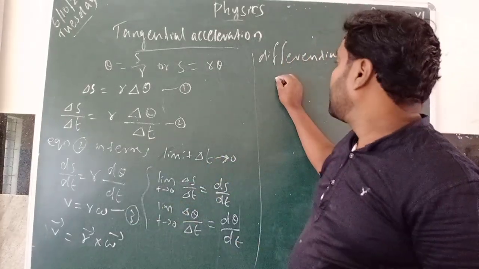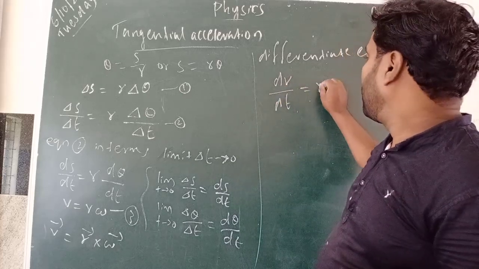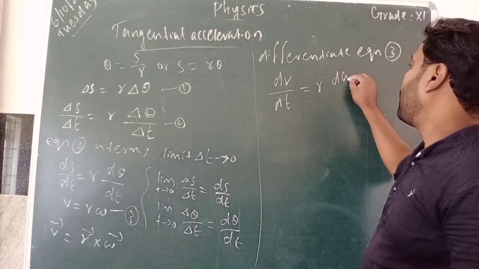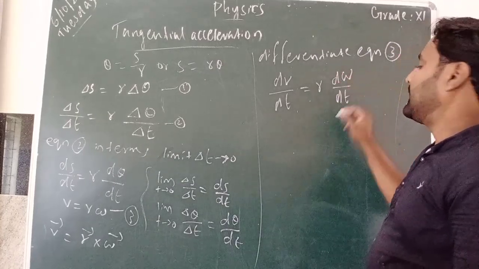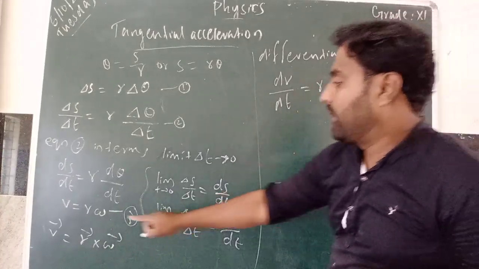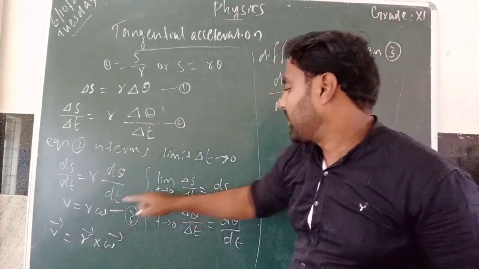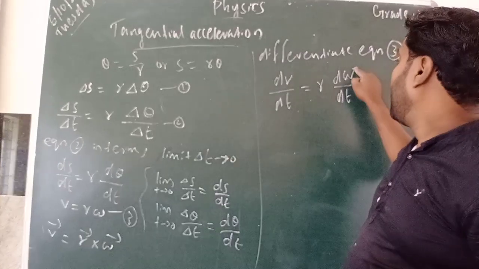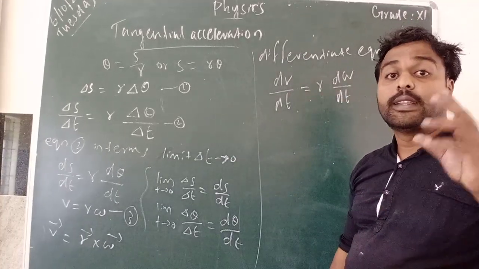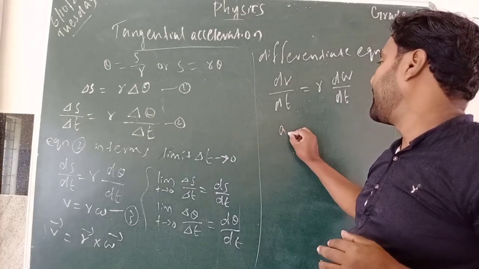V becomes dV by dt equal to R into d omega by dt. This is the differentiation with respect to time. So V differentiation is dV by dt, then R omega differentiation is d omega by dt. So what is this dV by dt? Change in velocity by time. So it is acceleration A.